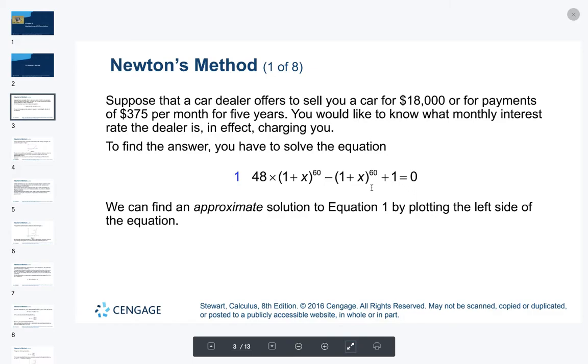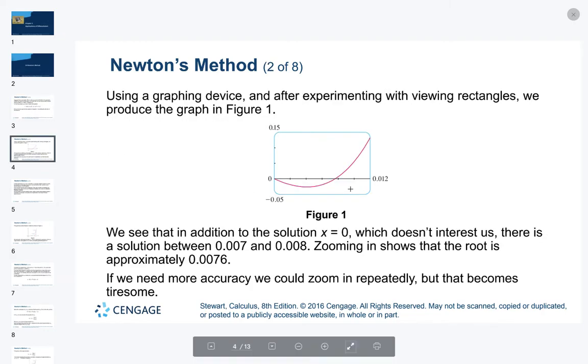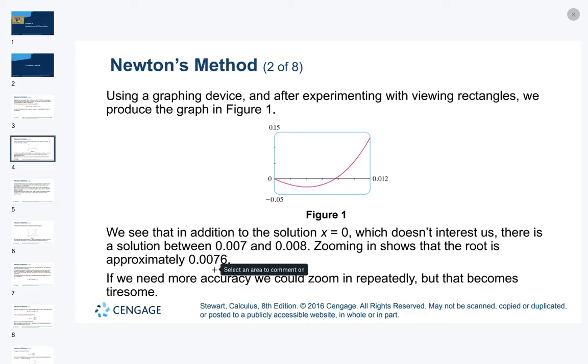But we can find an approximate solution by plotting this function. When you plot that function, you know that when x is 0, you have a solution, and then somewhere here you have another solution. That number is between 0.007 and 0.008. You can zoom in and it will come to approximately 0.0076.